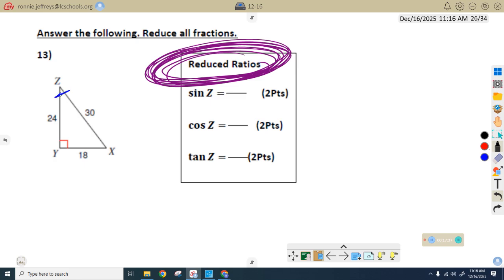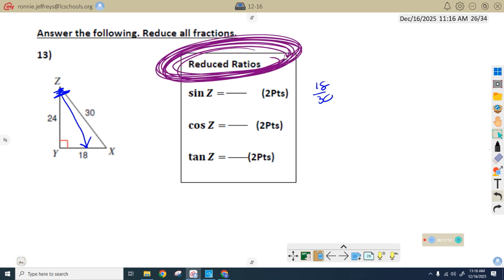We're going from Z. Sine is going to be 18 over 30. Notice I am not doing the non-reduced things up in the box. This is 3 over 5.